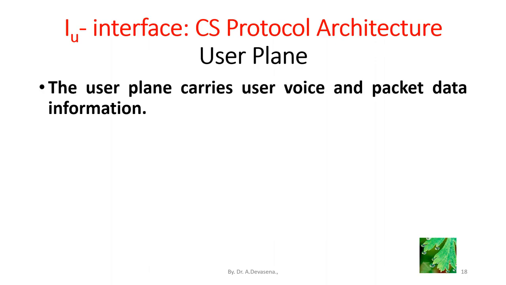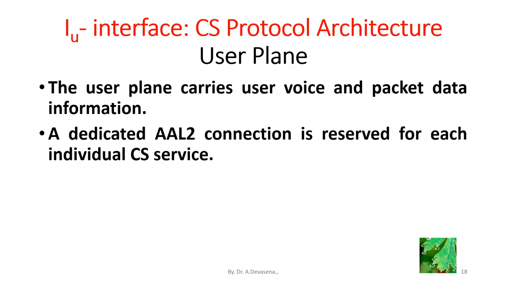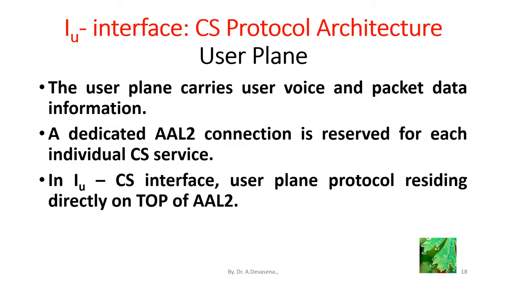The user plane carries user voice and packet data information. A dedicated AAL2 connection is reserved for each individual CS service. In IU CS interface, user plane protocol resides directly on top of AAL2.